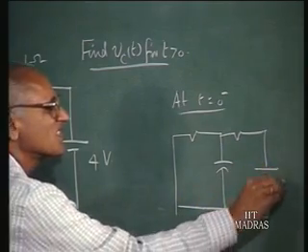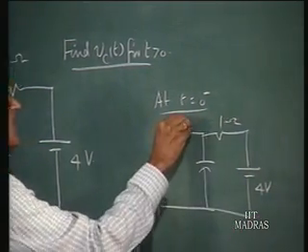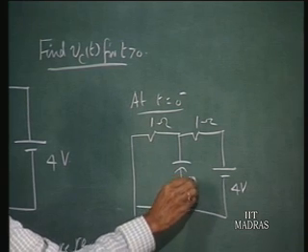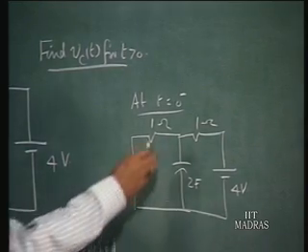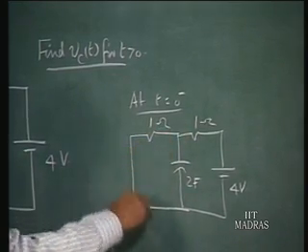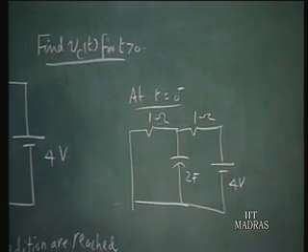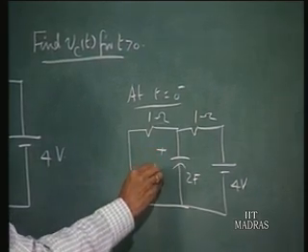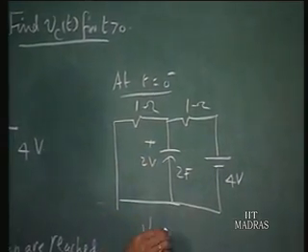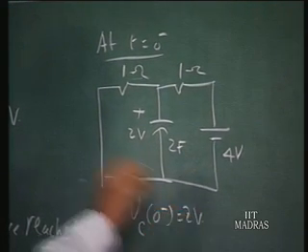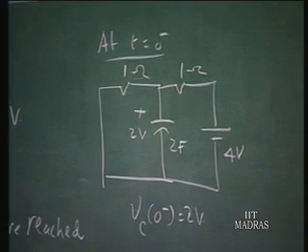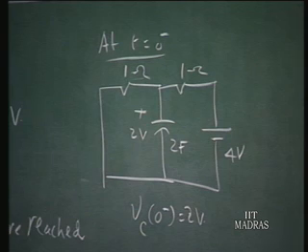This is 4 volts, this is 1 ohm, this is 1 ohm, and this is a capacitor of 2 farads. So obviously, if the steady state conditions have been reached in the circuit, this 4 volts will drive a current of 2 amperes through the two 1 ohm resistors in series, and there will be 2 volts developed across the capacitor. Therefore, Vc(0 minus) is 2 volts. So that is the initial condition of the capacitor that we have to use in solving this problem.